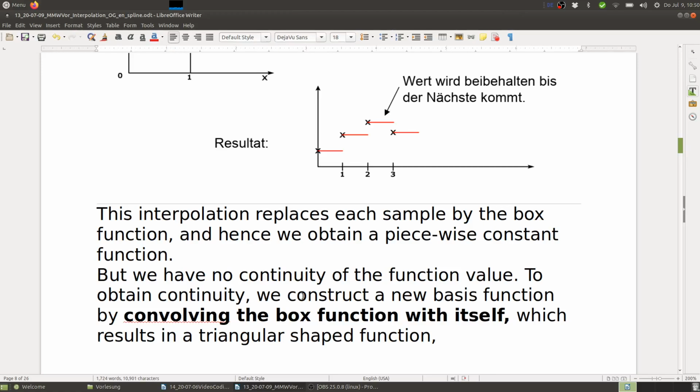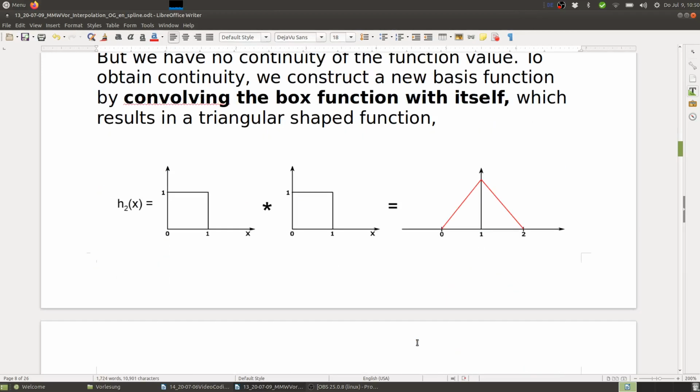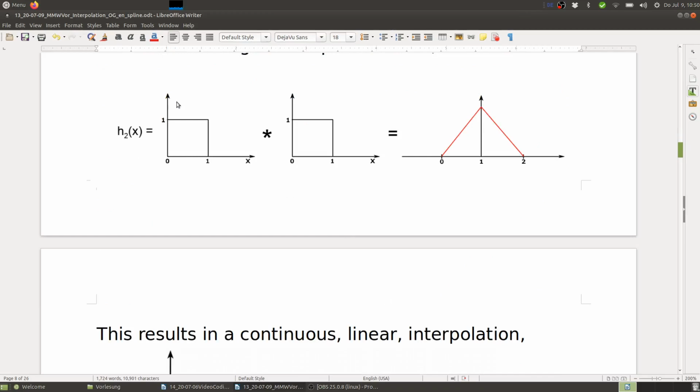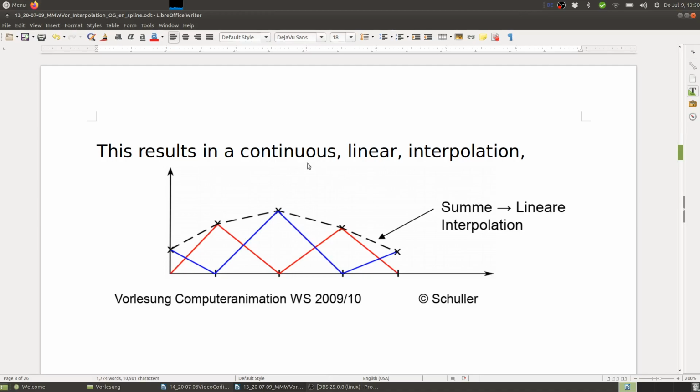To obtain continuity, we construct a new basis function by convolving the box function with itself, which results in a triangular shaped function, which we can see here. Right, we take this box function, convolve it with itself, and the result is this triangular function here. And this results in a continuous linear interpolation.